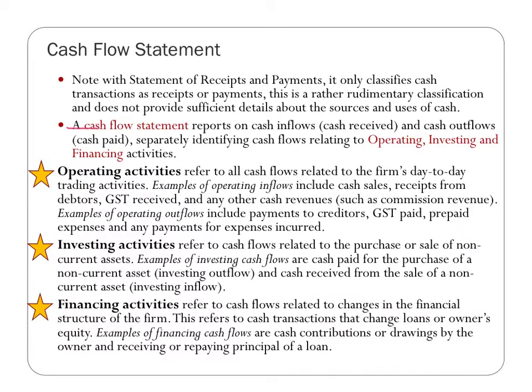The cash flow statement reports on cash inflows, cash received, and cash outflows, cash paid, and also separately identifies cash flows relating to what we call operating, investing, and financing activities. So certainly the cash flow statement does give you a much more detailed breakdown of all the sources and uses of cash.